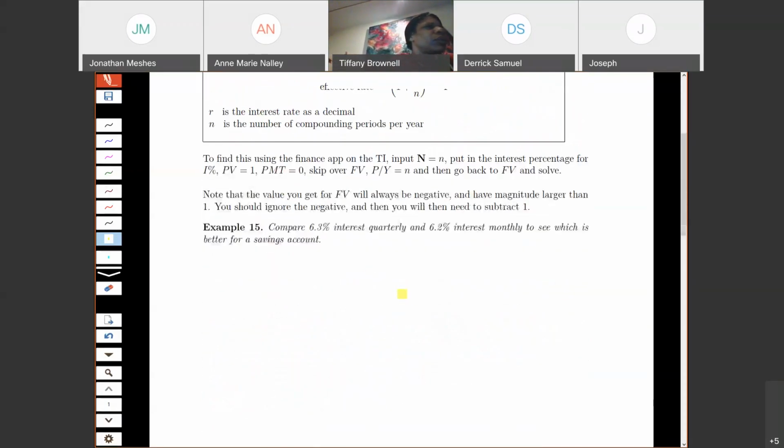Let's go ahead and skip right to an example and see what we end up with. I want to compare a 6.3% interest rate that's quarterly to a 6.2% interest rate that's monthly to see what's better for a savings account. So which one gives me a higher amount of interest after 1 year? What we're going to do is break this up.